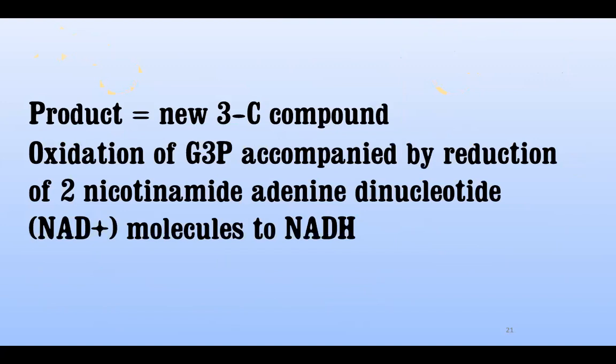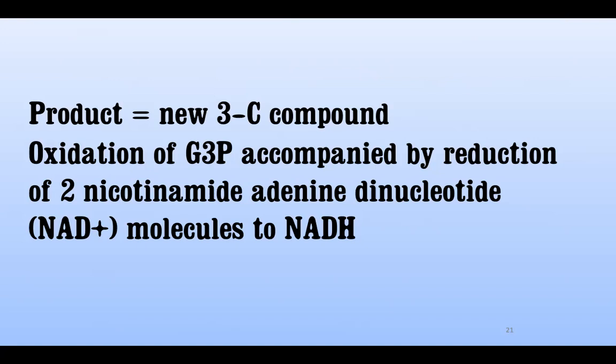So the product of that is a new 3-carbon compound. And like I said, the oxidation of G3P has to be paired with the reduction of something, and that something is a molecule called nicotinamide adenine dinucleotide. No, you do not have to remember that. NAD+ is fine.